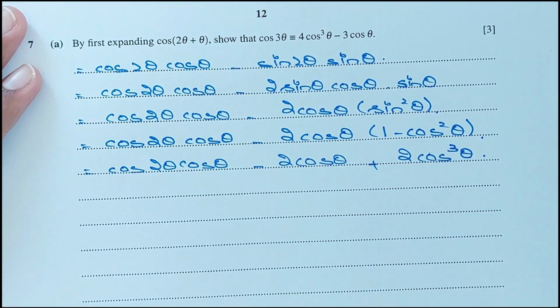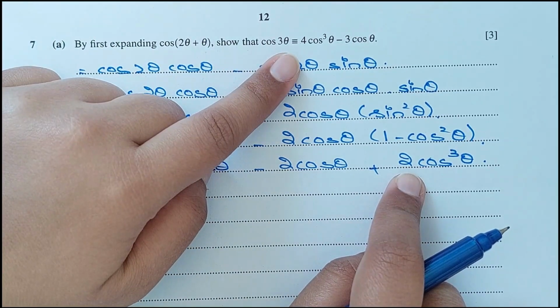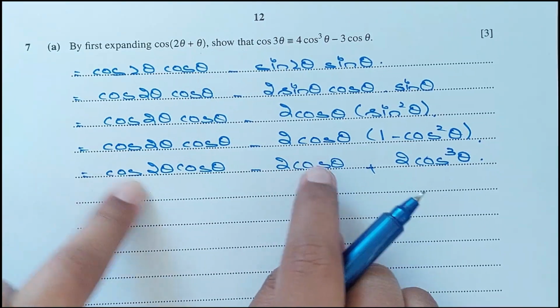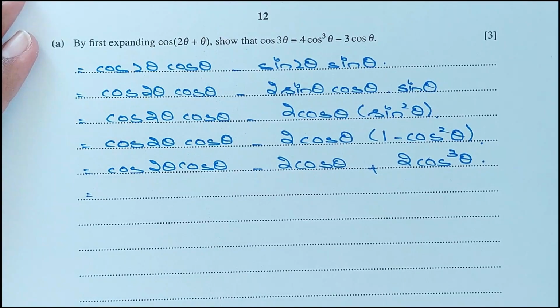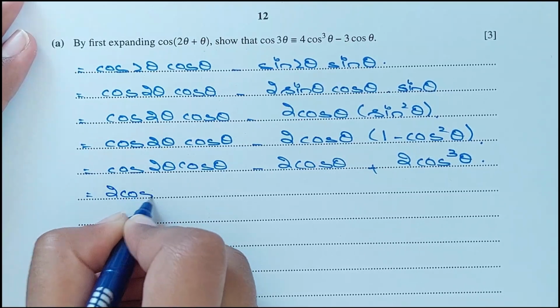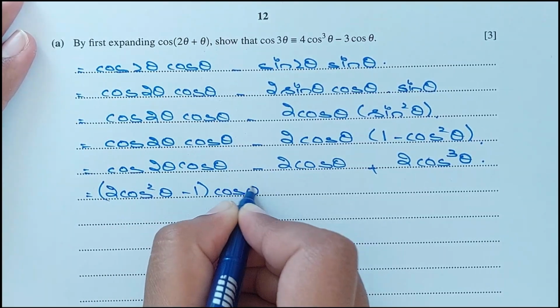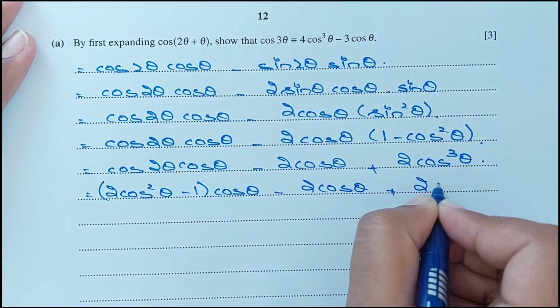This is 2 cos cube theta. This is cos theta. We have to convert this, open the cos double angle here. So cos 2 theta in terms of cos is 2 cos square theta minus 1, into cos theta minus 2 cos theta plus 2 cos cube theta.